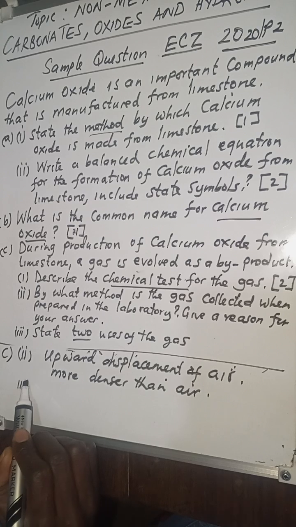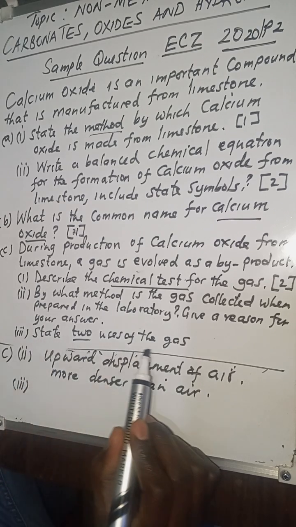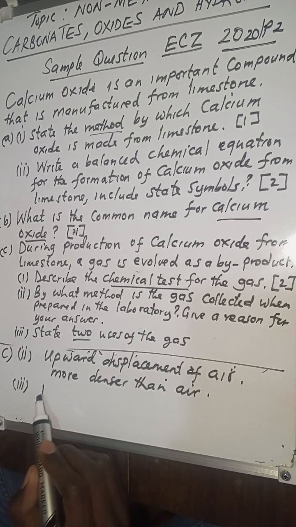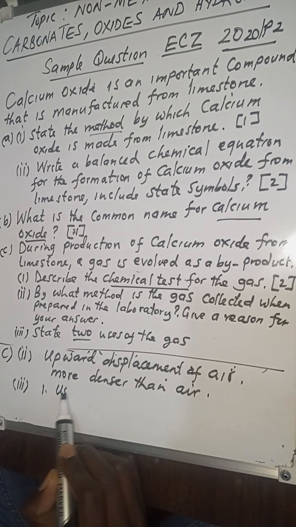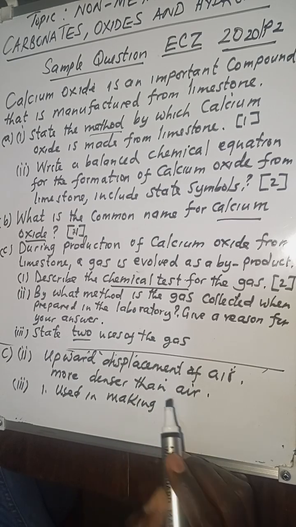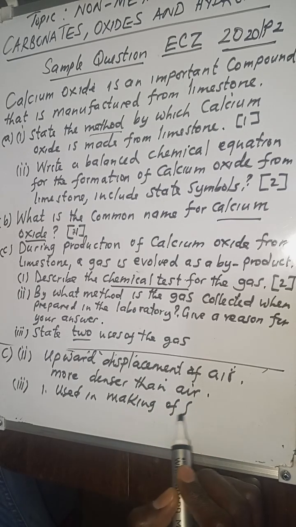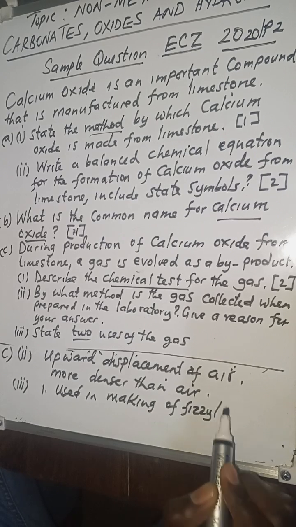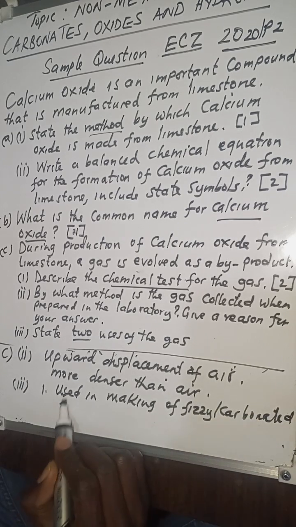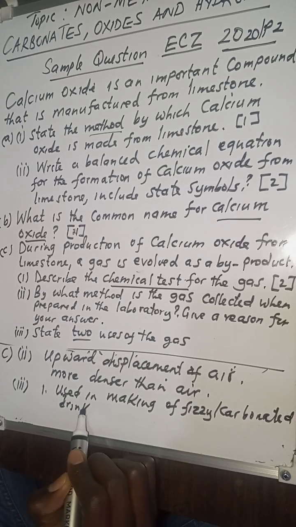Then C3 there says, state two uses of the gas. So in other words, what are the two uses of carbon dioxide? So number one, we can simply say it is used in making fizzy, or if you want, you can say carbonated drinks. So we can use it in making carbonated drinks.